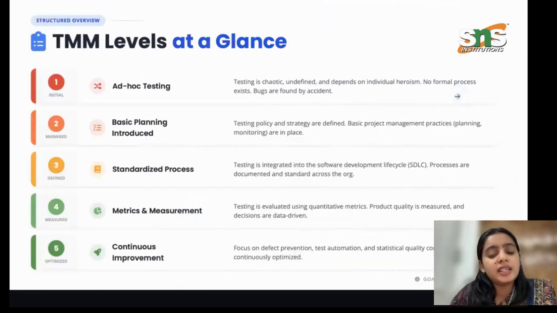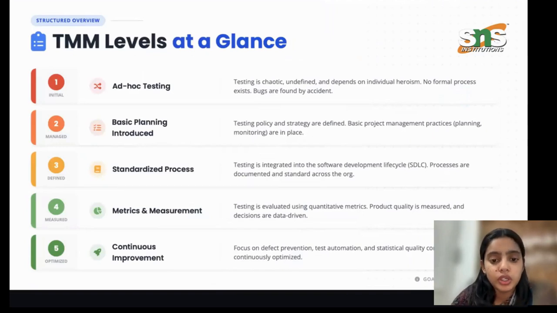Let us briefly understand each level. The first level is the initial level. Testing is ad hoc and chaotic. No formal process exists. Level 2 is managed. Basic planning and policies are introduced. Level 3 is defined. Testing is standardized and integrated into the SDLC, which is nothing but the software development lifecycle.